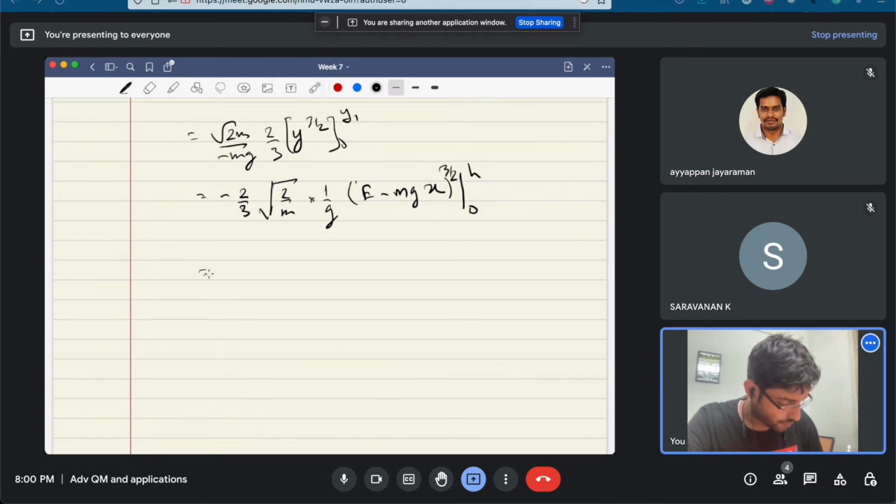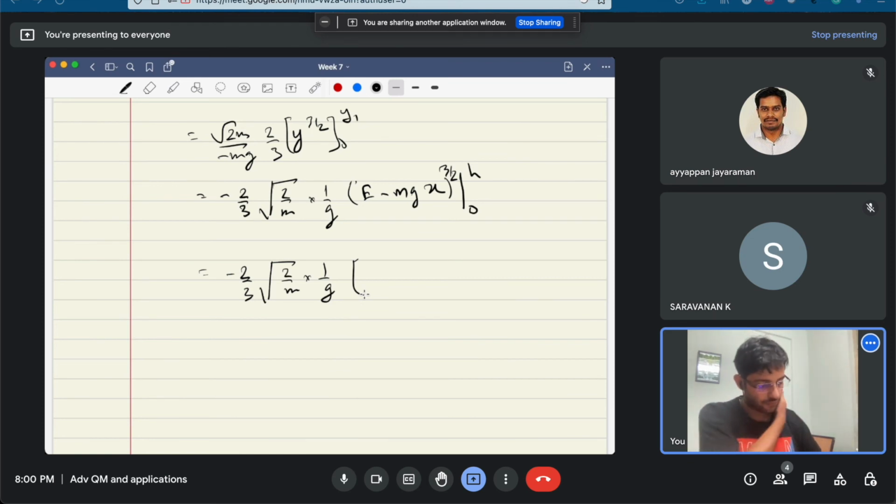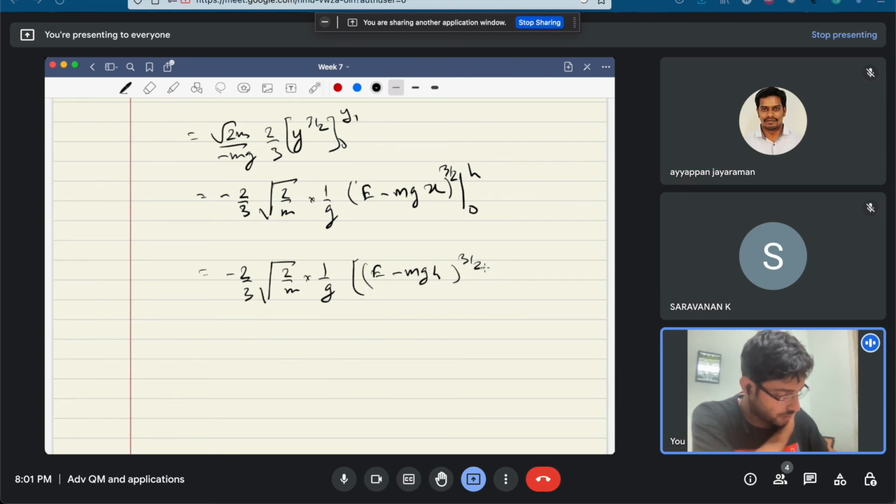Okay, so what you get is (E minus mgh) to the power 3 by 2 minus 0, E to the power 3 by 2.